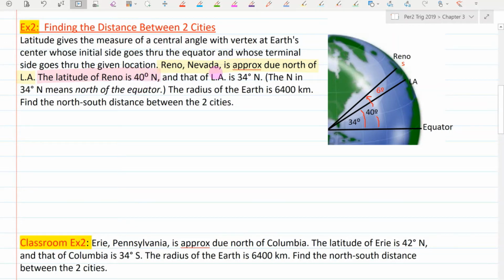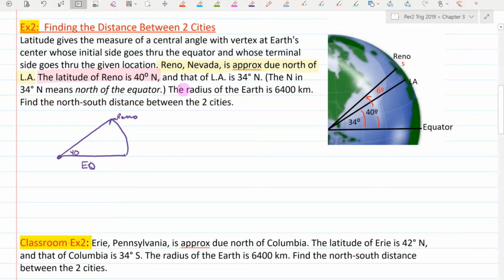If there was no picture, I would draw this: the equator, and north, you're going to go up, and then this is Reno. That's the first thing I would draw.